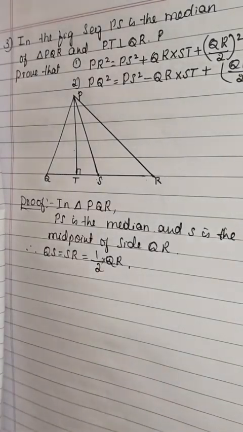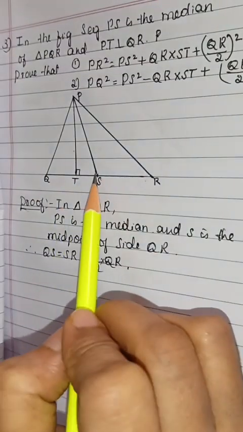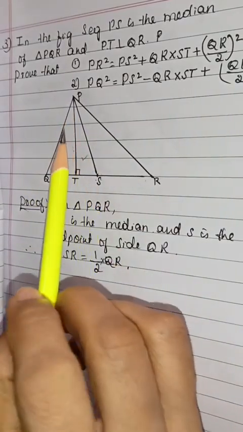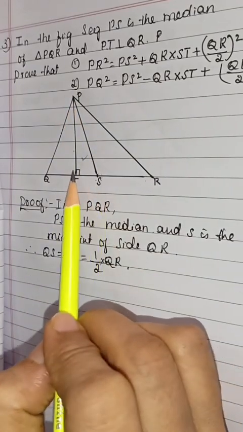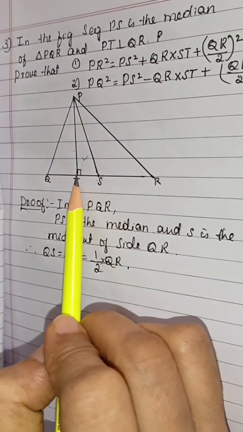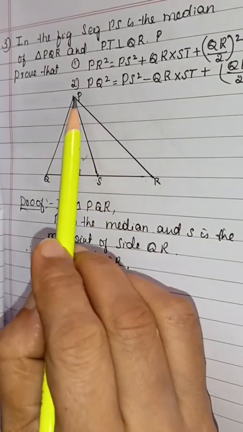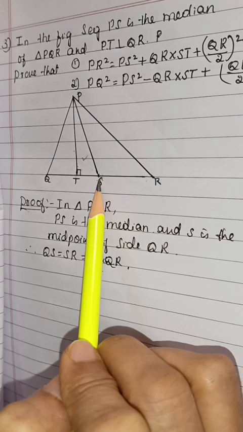Now let's take first triangle PTS, only this triangle. In triangle PTS, angle PTS is 90 degree. This is given here. So according to the Pythagoras theorem, PS square equal to PT square plus TS square.